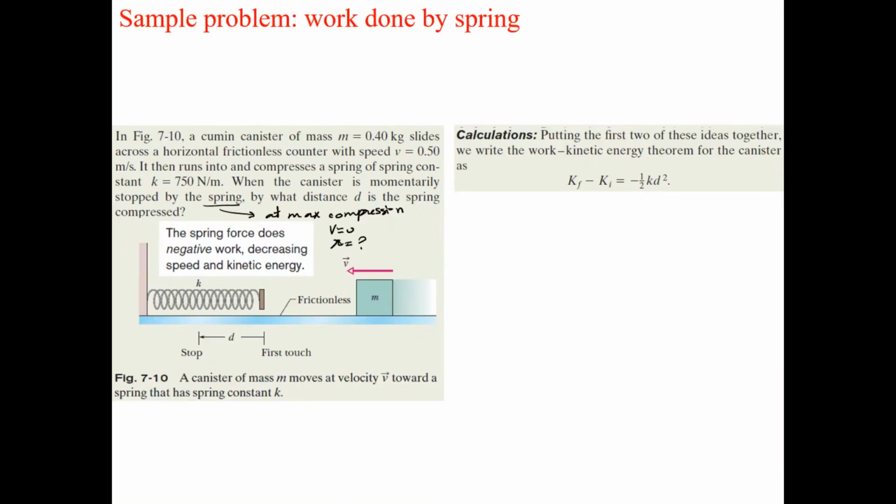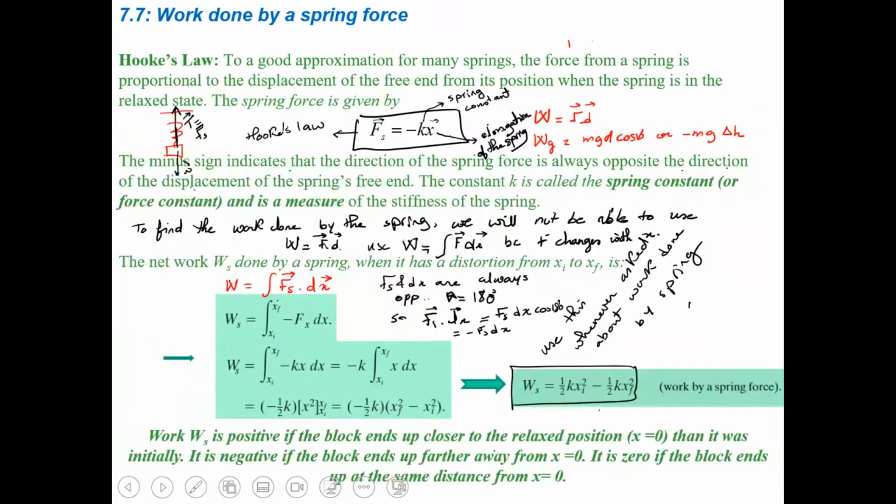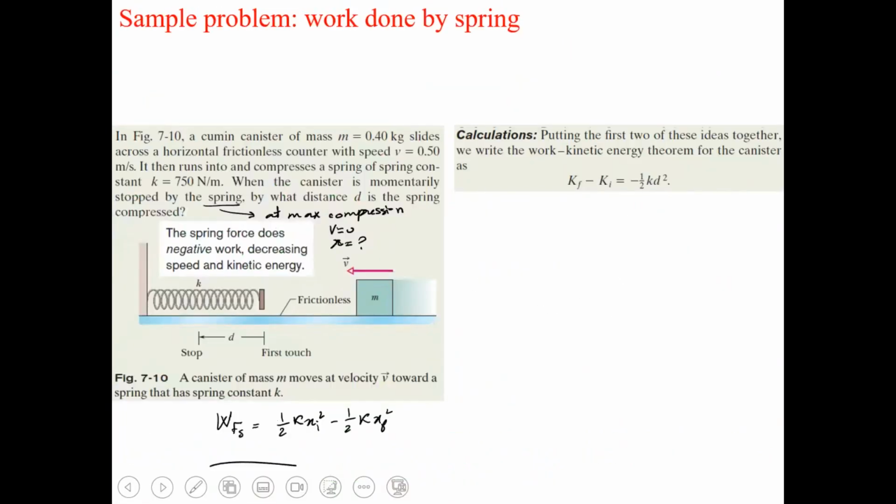So I'm gonna write down my formulas. I know the work done by the spring force is equal to half k x initial squared minus half k x final squared. Like I told you, this formula I will directly use, and I will not work through the integration. I have to select what my initial and final points are. I'll take my initial point to be here and my final point to be here.